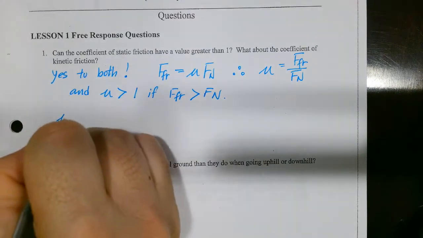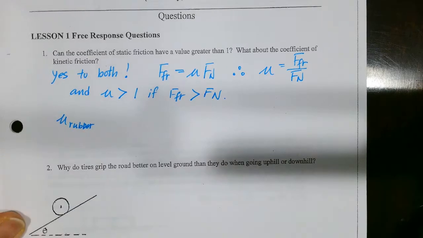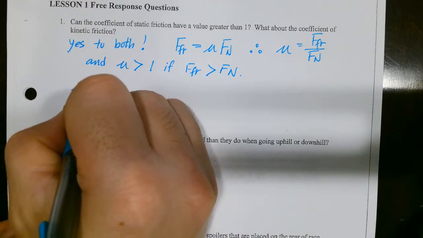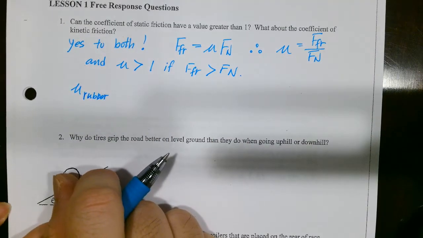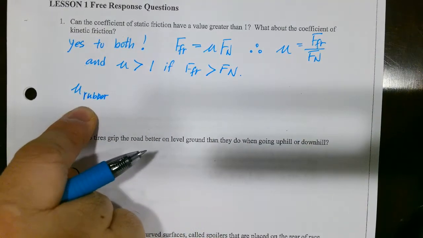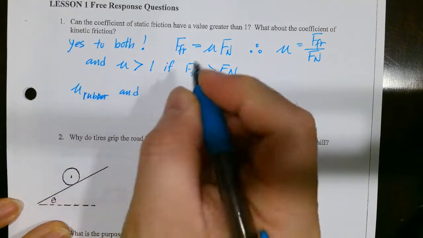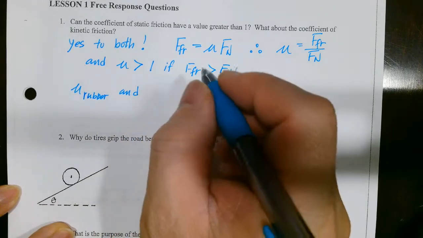So for mu of rubber, natural rubber is very sticky, I guess is the word, and it has a pretty high coefficient of friction, and so do many other surfaces.